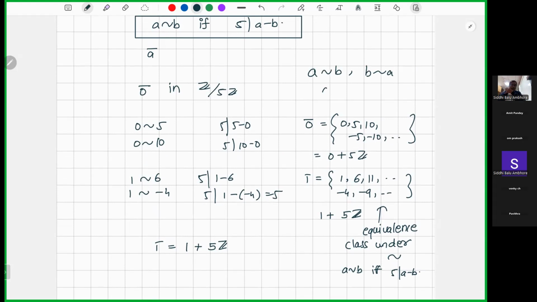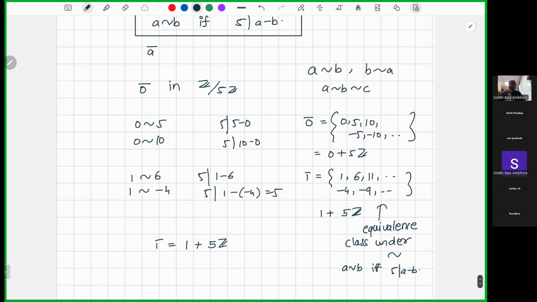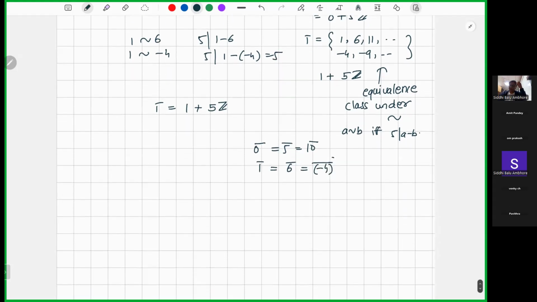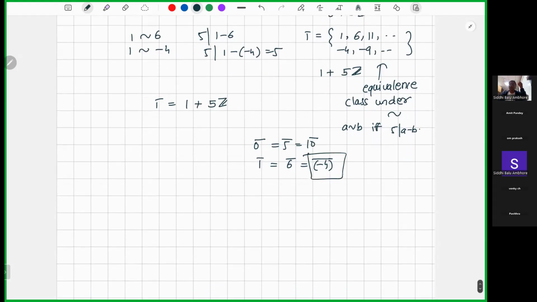You can check that if A is related to B and B is related to C, then A is related to C. So the equivalence class of 0 bar is the equivalence class of 5 bar, 10 bar, and so on. Similarly, the class of 1 bar equals the class of 6 bar, and minus 4 bar. We don't prefer to write negatives for equivalence classes, but this is true. And this is 11 bar and so on.